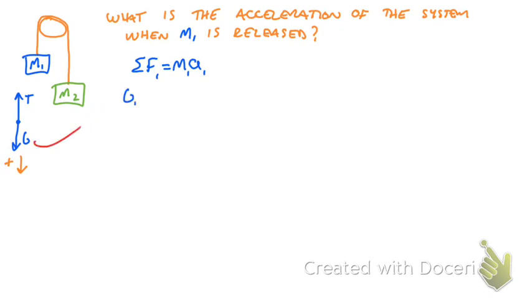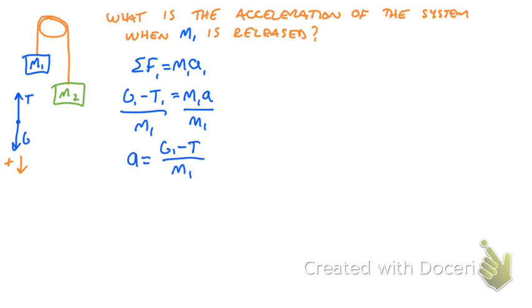So when we do that, we bring this over, and we do gravitational force minus tension equals ma. We can divide both sides by the mass, and we get a as gravitational force minus tension over m1. So we get a equals little m little g minus tension over m1.